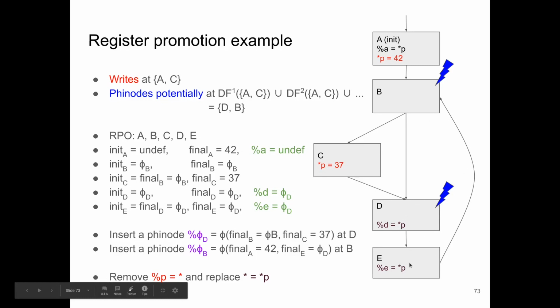D dominates E, but not B. And as a result, B is the dominance frontier of D.